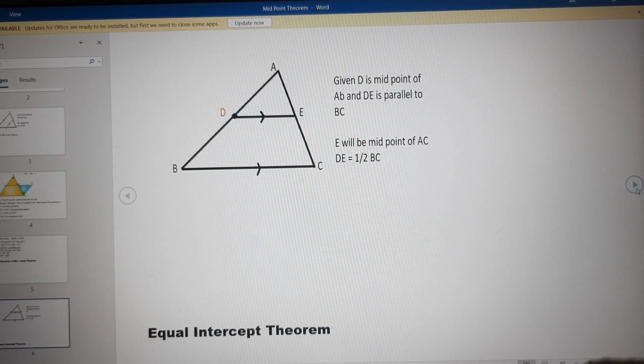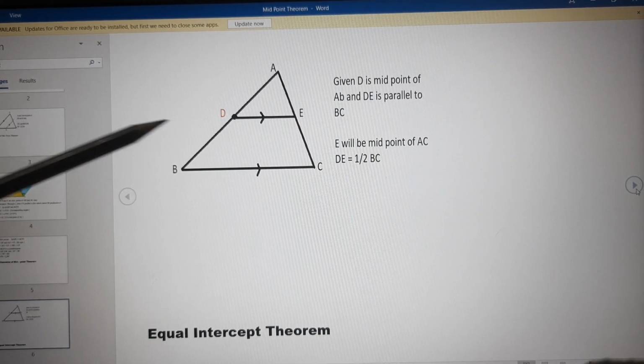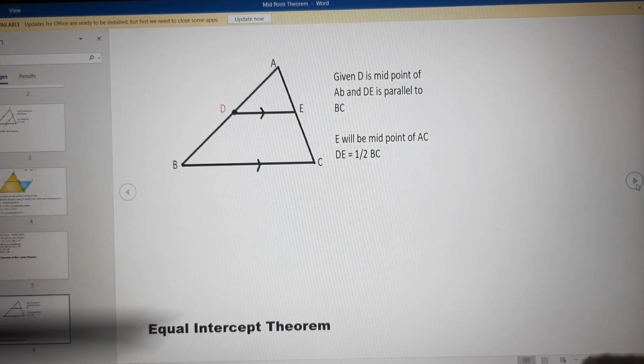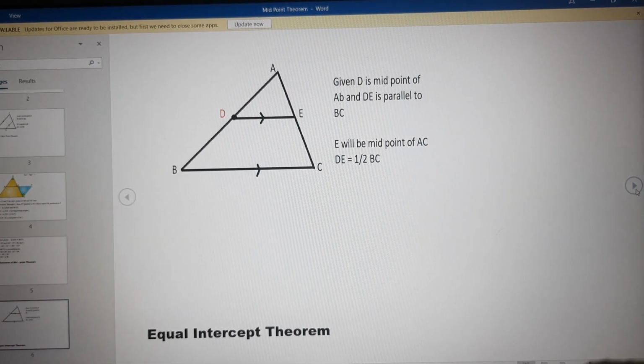But here in converse of midpoint theorem, only one midpoint will be given. It means midpoint of any one side of the triangle will be given. And it will be given that a line which passes through that midpoint is parallel to the opposite base.